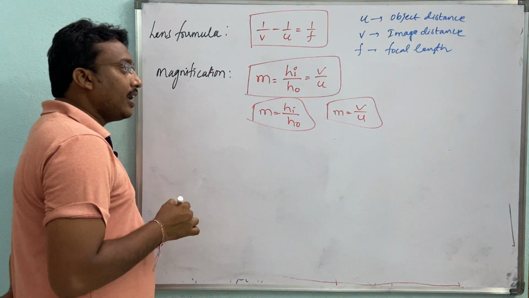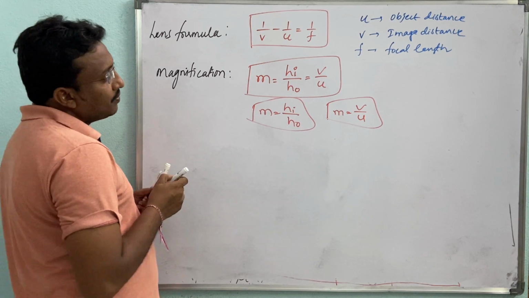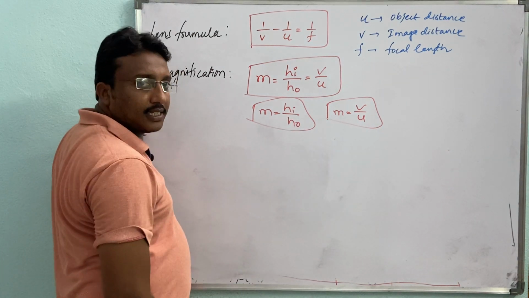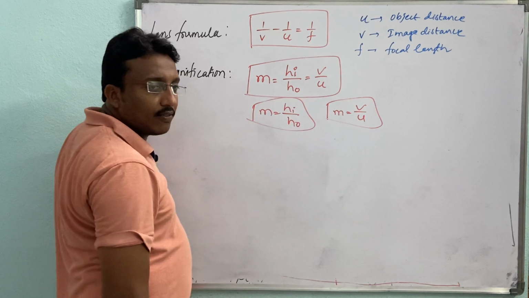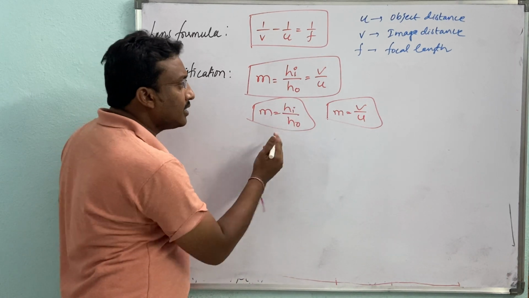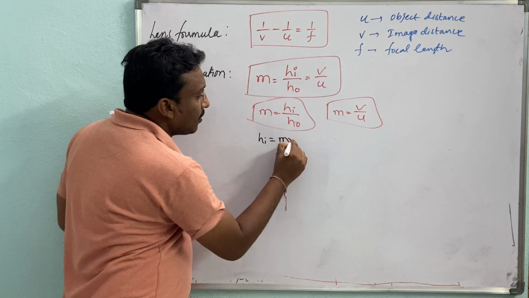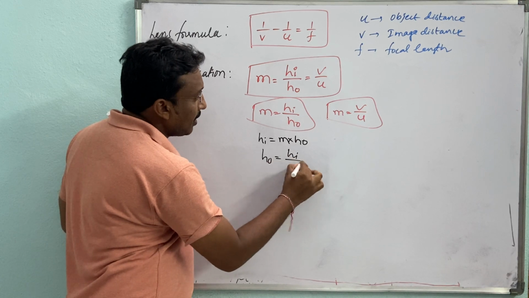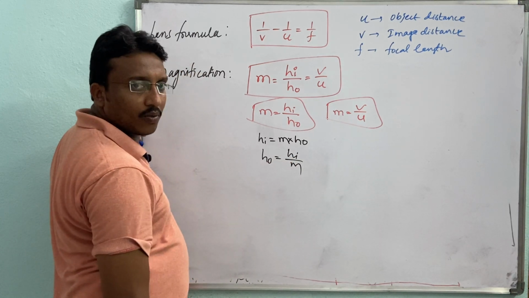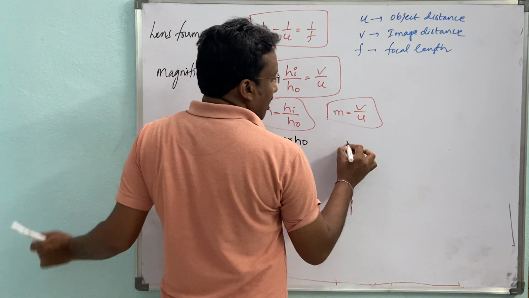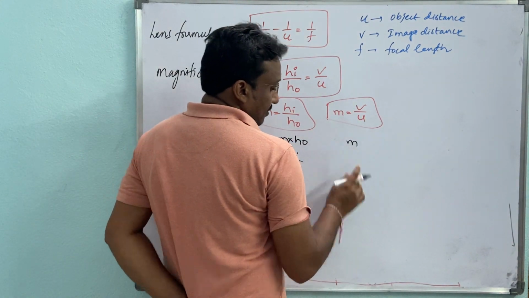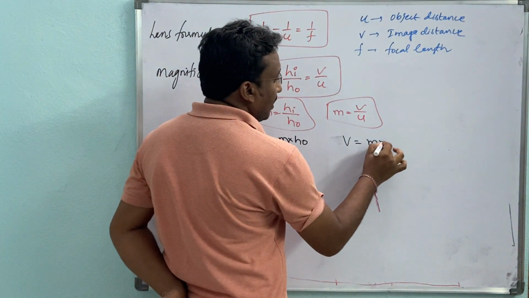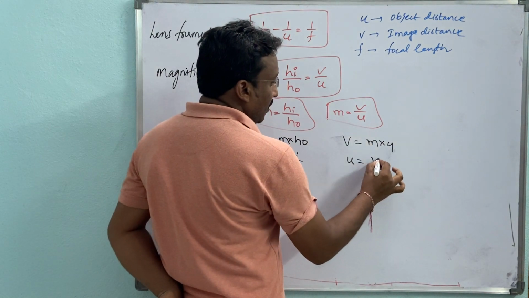If in a given question the magnification and the height of the object are given and I ask for the height of the image, it is easy to find: hi equal to m into ho. To find ho, it is hi by m. Similarly, to find v, v equal to m into u, and to find u, it is v by m.